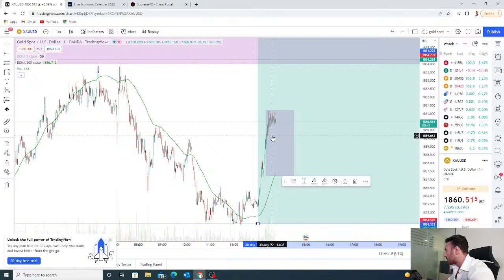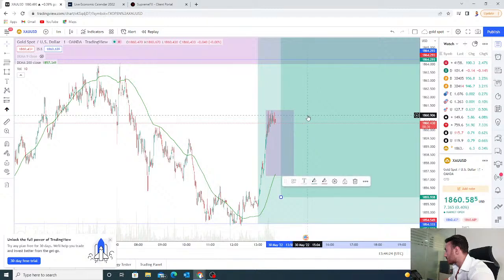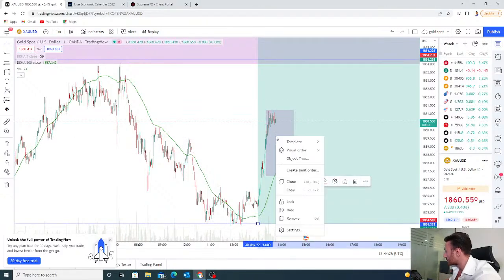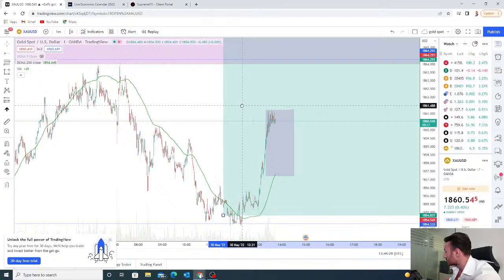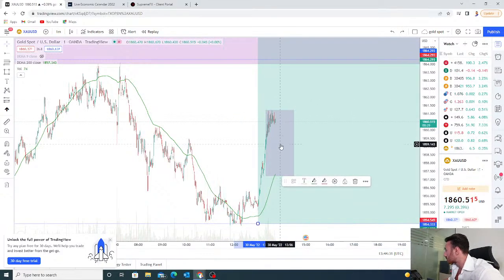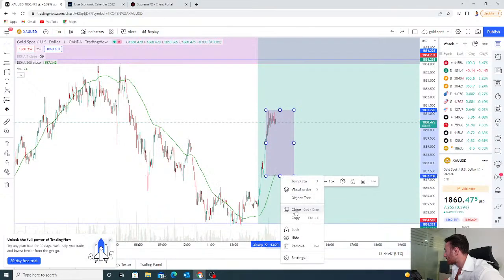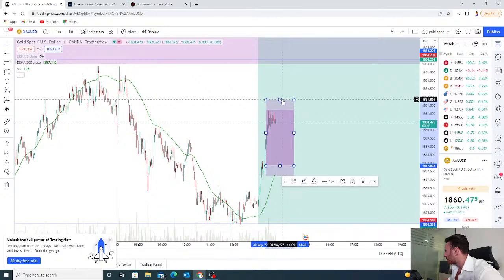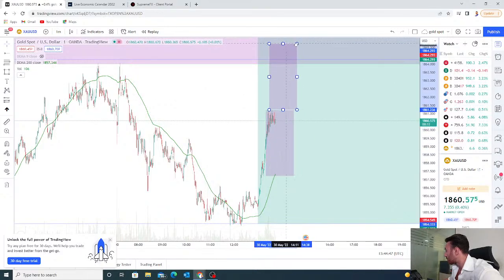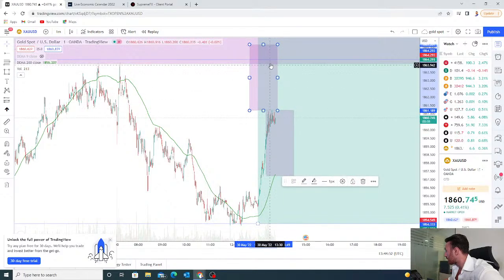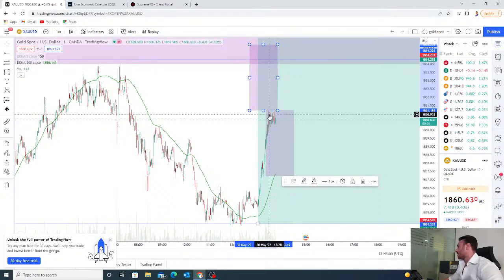As soon as it breaks out, I would clone this one and take it up from here to here. So I would take my profit roughly around 65. I would come out if it breaks here.